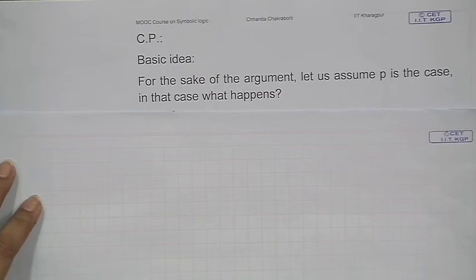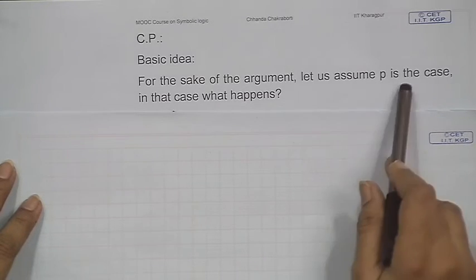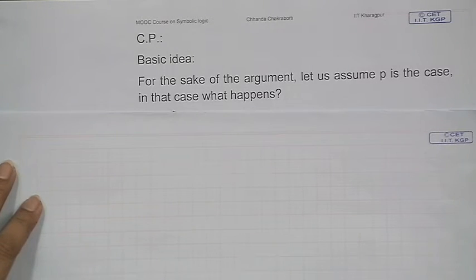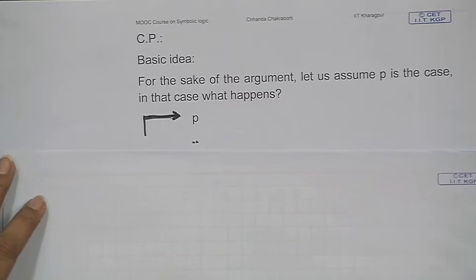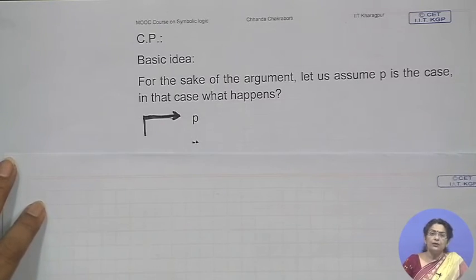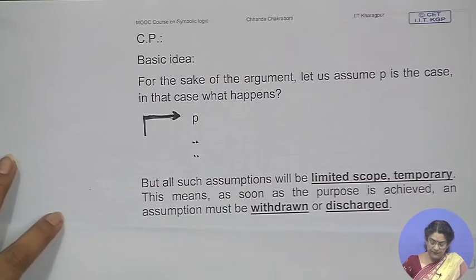As I said, you are saying let us assume, for example, P is the case. The moment you say P is the case, the bent arrow technique will take over, and this is the kind of indication that you need to give.